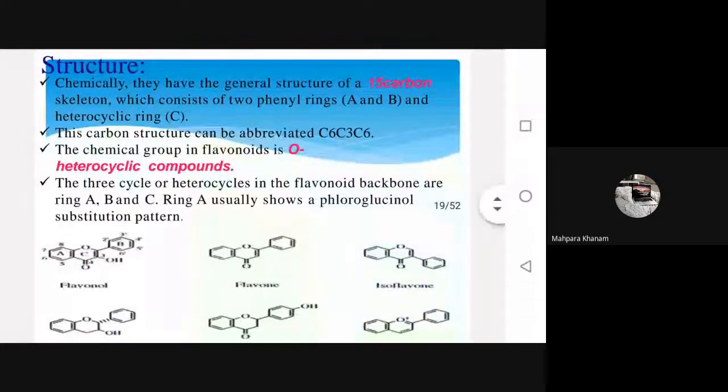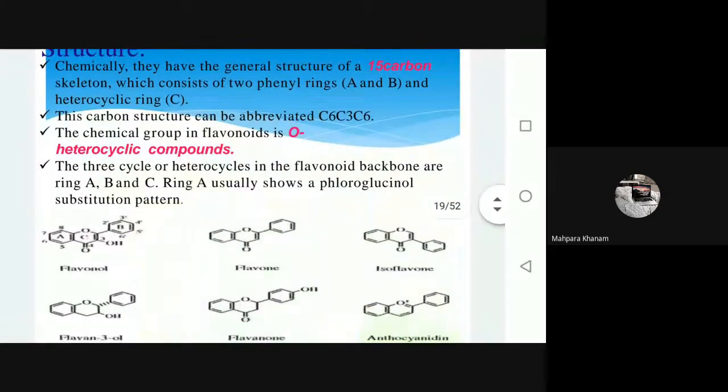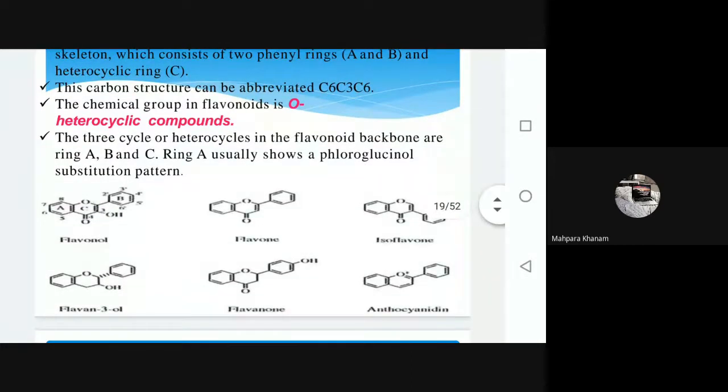Then coming to the structure, they have a 15 carbon skeleton in which they have 2 phenyl rings and a heterocyclic ring. The carbon structure is sometimes abbreviated as C6, C3, C6. The chemical group in flavonoids is the ortho heterocyclic compounds.